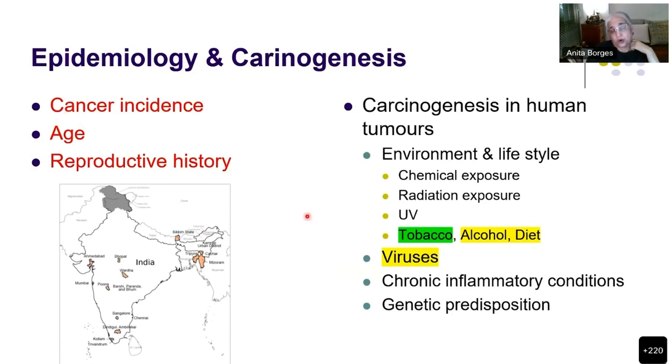In the host, age is a very important factor in epidemiology, and so also is reproductive history. There are very few other host factors that we can take into account. Everything else is environment and lifestyle and so on and so forth.